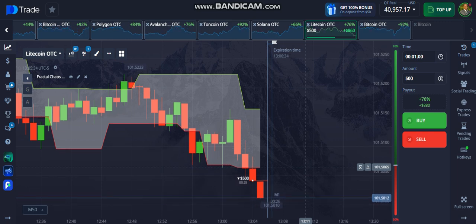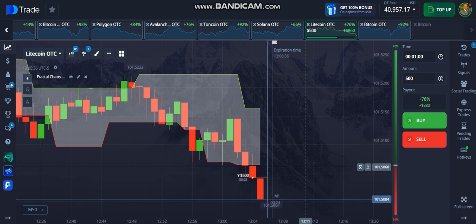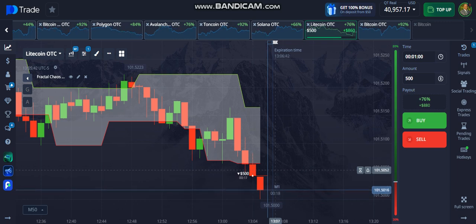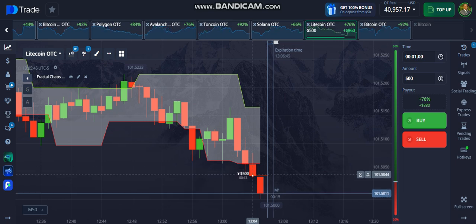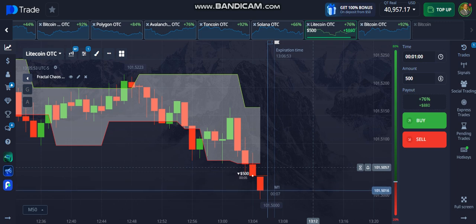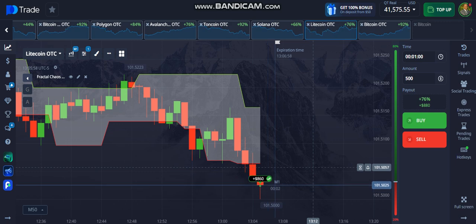It seems to be going in our direction here. All right, so I didn't wait for the previous red candle to close. I knew it was going to close below the band line here, so I went ahead and took the trade. Okay, so we won that trade.